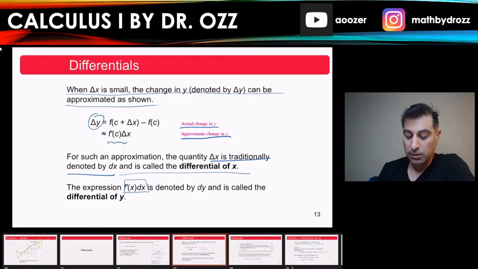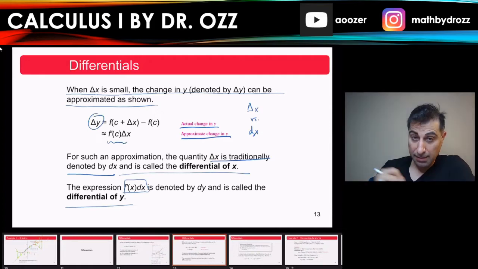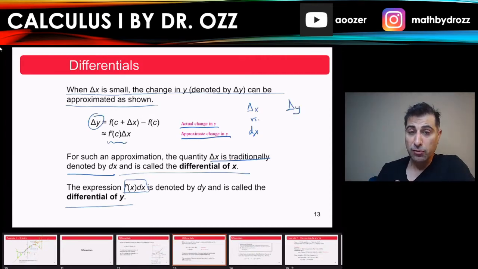Okay, and it's called the differential of y. So in other words, delta x versus dx, essentially these two are the same. You will see in the future we're going to take them equal, but delta y, which is the actual change in function value from c to c plus delta x, is approximated by dy. Okay.